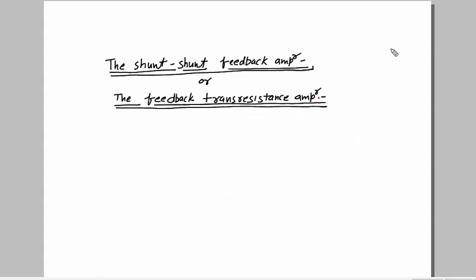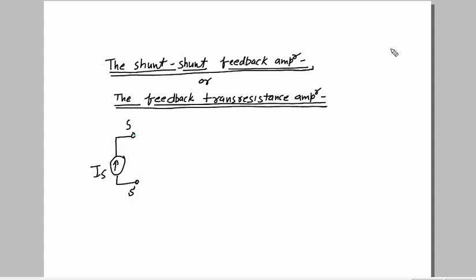First we will see the shunt feedback amplifier, or the feedback trans resistance amplifier. It is the trans resistance amplifier, which means the input will be a current and the output will be a voltage. First let us see the ideal structure of the shunt feedback amplifier. On the input side we have a current source Is across the terminals S and S dash.